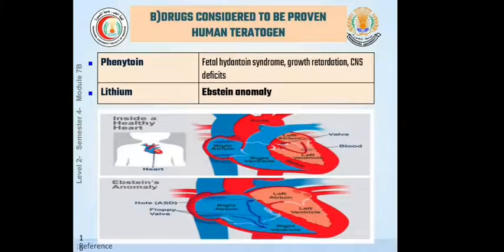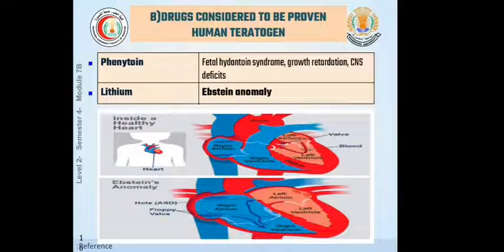Number 2 is lithium. Lithium is a mood stabilizing drug used in the treatment of bipolar depression or mania. If it is given during pregnancy, it will lead to Ebstein anomaly. This Ebstein anomaly is a heart defect that affects the tricuspid valve between the right atrium and right ventricle.